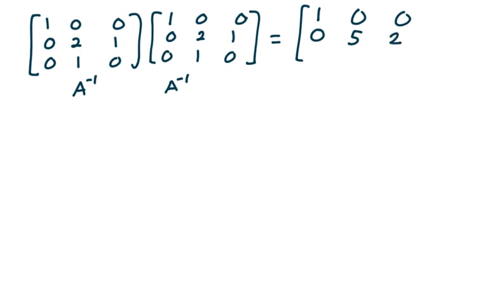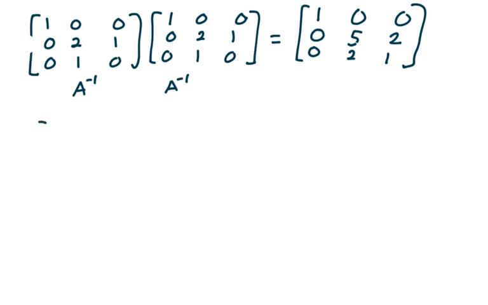And then 0, 0, 0. 0, 2, 0. So, nope. That should be 0, 2. Let's try that again. And then the last one, 0, 1, 0, 1, 0. So 1. So that should be what A inverse is.